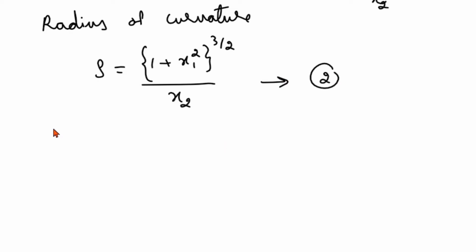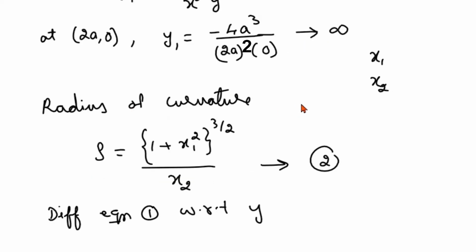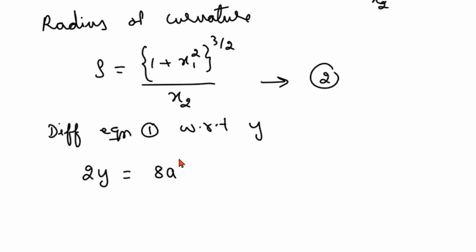So we'll try to differentiate equation 1 with respect to y. You can see that equation 1 is y squared equals 8a cubed by x minus 4a squared. Let us differentiate this one. The derivative of y squared will be 2y equals 8a cubed divided by x.